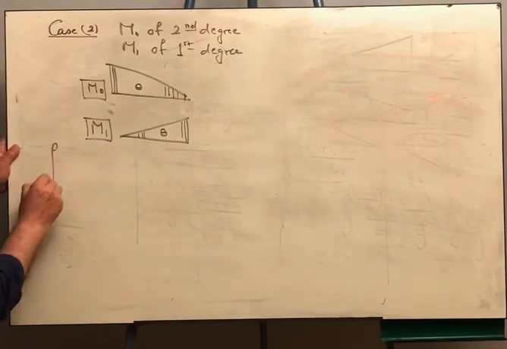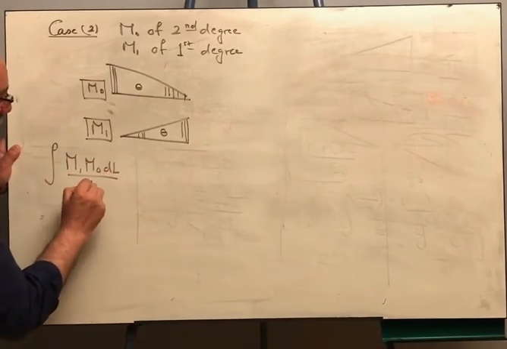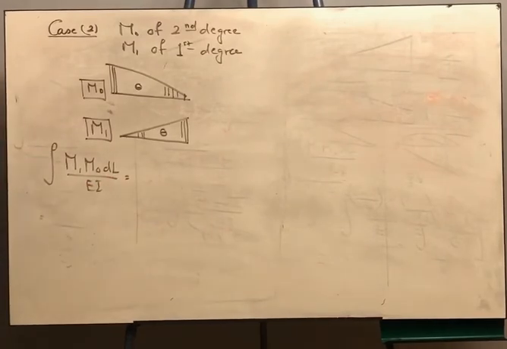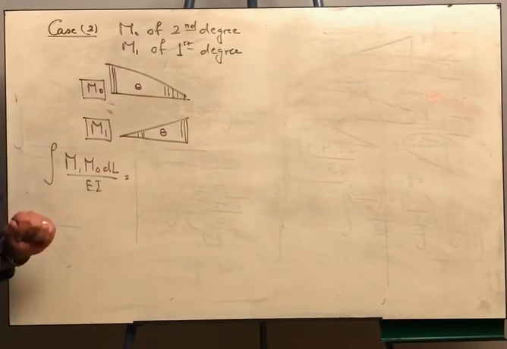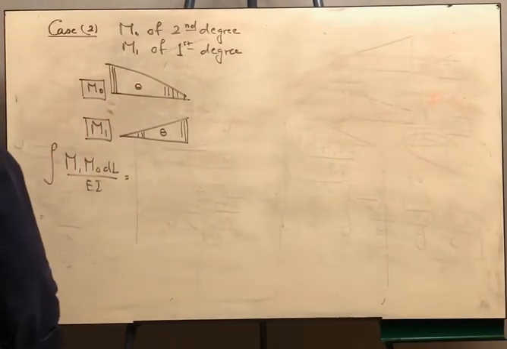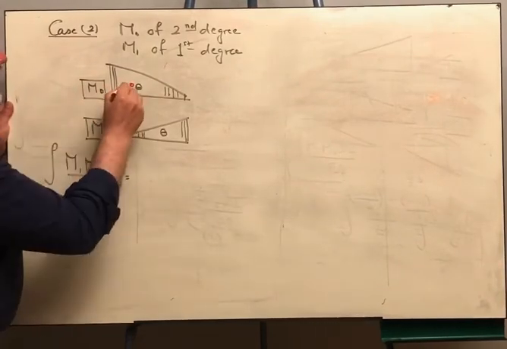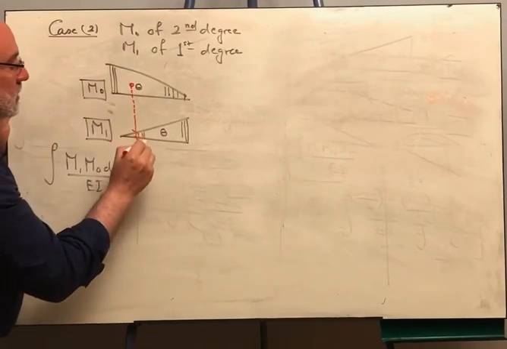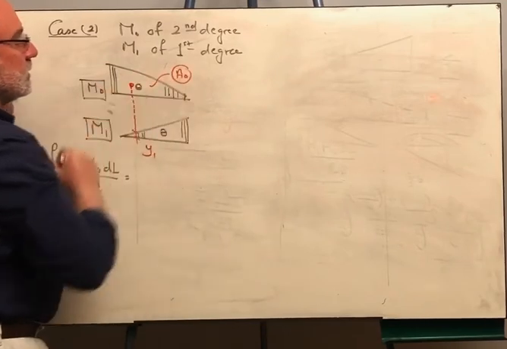Here, if you want to do the integration, there is no choice. You have to start with the area of the second degree diagram and multiply by the ordinate corresponding to the location of its centroid from M1 diagram. What does this mean? It means that I will have to determine the centroid, and from the centroid I will get this ordinate y1, and I have this area is A naught.